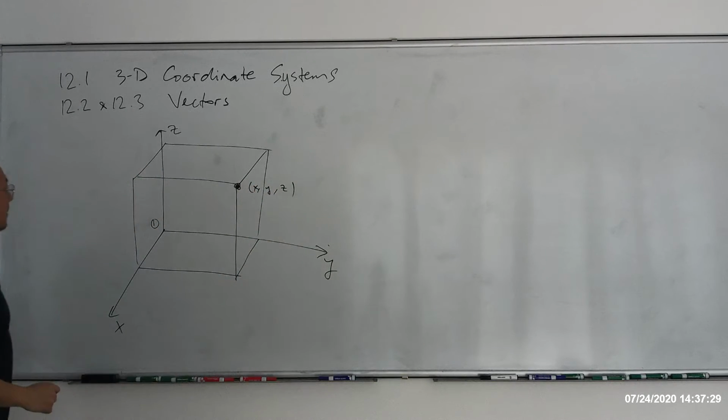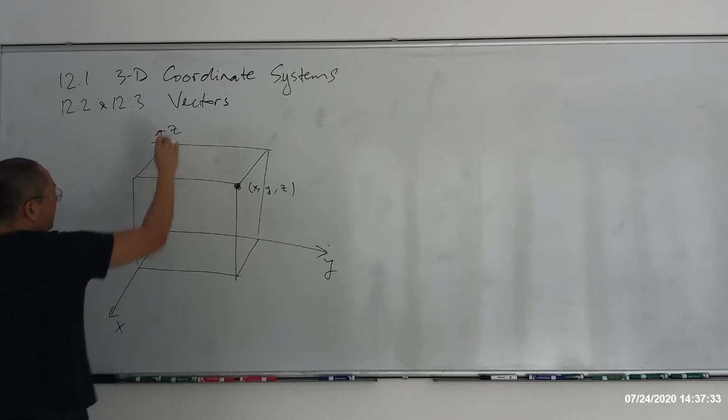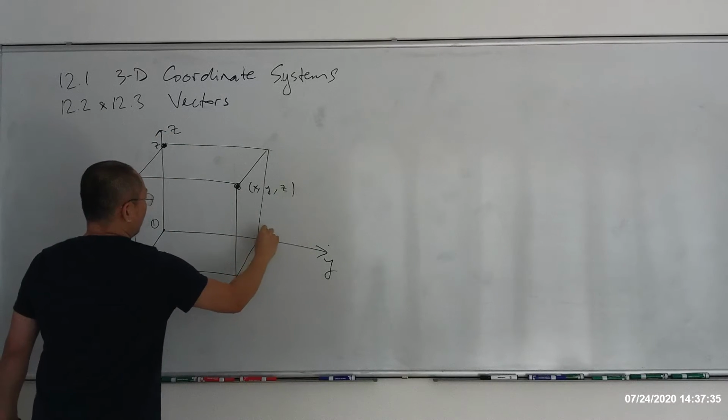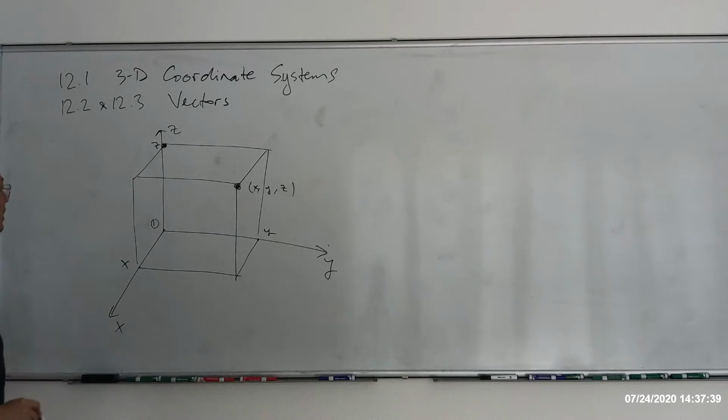Alright? And this is the z value. This is the y value right here. And this is the x value. You project that point down onto the plane, you have x, y, and z. Alright, so pretty similar to two-dimensional space, it just requires our imagination a little bit differently. Okay?